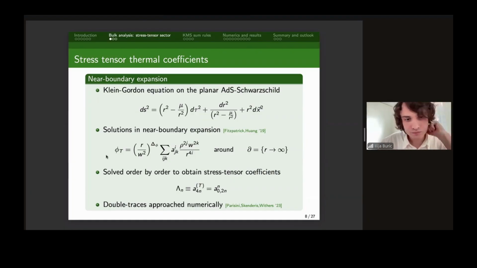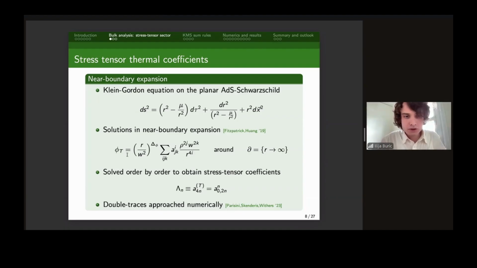And when you act on this ansatz by the Laplacian, you get a function of the same form, and this gives you recursion relations for these coefficients a_ijk. And by solving order by order, you can proceed to any desired order.